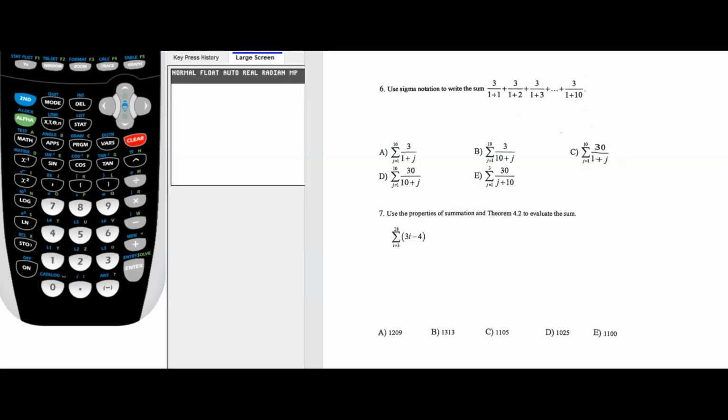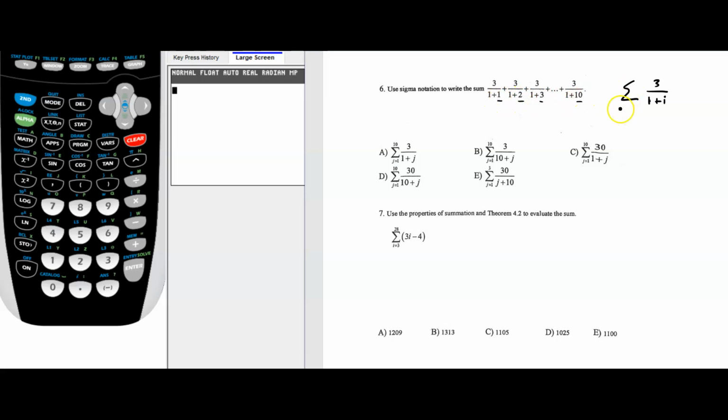So this very first one says use sigma notation to write the sum. And so we can see the pattern. It's 3 over 1 plus 1, 1 plus 2, 1 plus 3, up to 1 plus 10. When I write this in sigma notation, my rule is 3 over 1 plus some index i, and that index is what's changing.